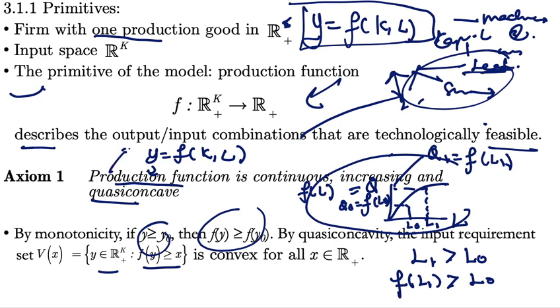If we have this production function, inputs produce output. Output y depends on inputs k and l, and we know that y as a function of k and l is a quasi-concave function. Now, if it is a quasi-concave function, then the inverse of this function is convex for all output.